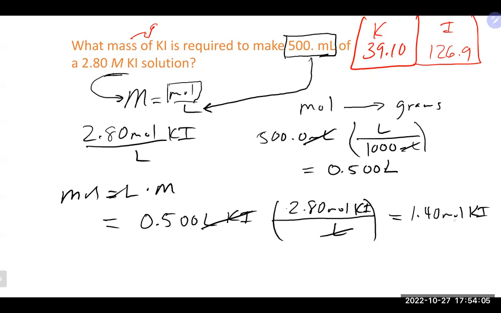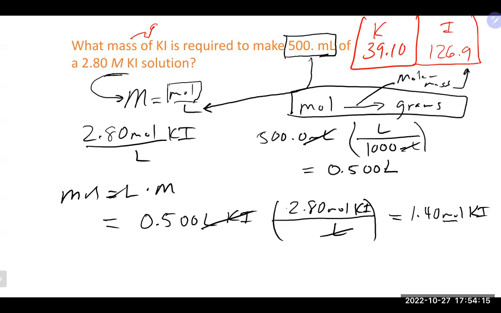At this point, we now have moles, so it's a conversion factor between moles and grams. So once again, that is our molar mass, right, from the periodic table. That's going to do that for us. In this case, KI is just one of each of those, so we will add them together, 39.10 and 126.9. 126.9 plus 39.10.